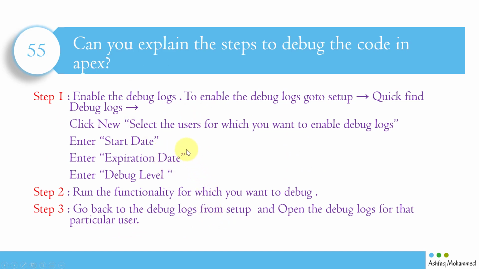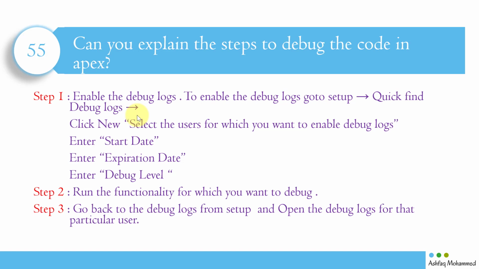Okay, so step one, as soon as someone has reported that there is an issue in this functionality, the very first thing you have to do is go and enable the debug logs for that particular user. Normally what happens is, as an administrator, you will not be able to replicate it. You will be getting this error only for that particular user, but not as an administrator, because an administrator might have so many permissions, right?